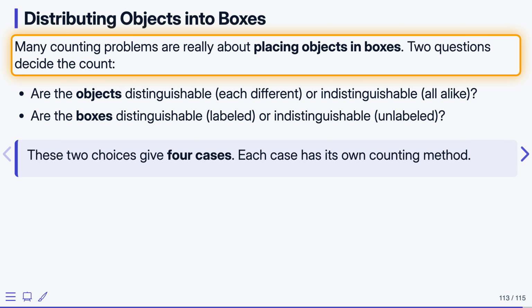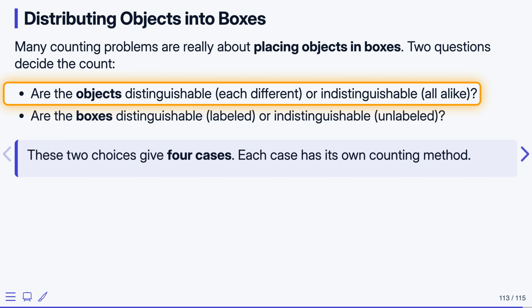Many counting problems are really about putting objects into boxes. To count them, we ask 2 questions. First, are the objects distinguishable? That means each object is different, like people or numbered cards. Or are they indistinguishable, meaning all alike, like identical coins?